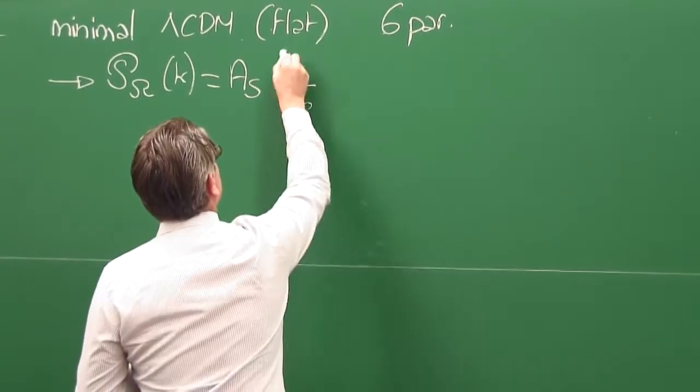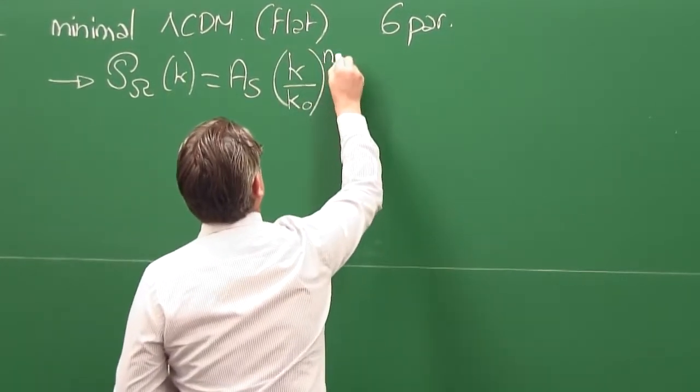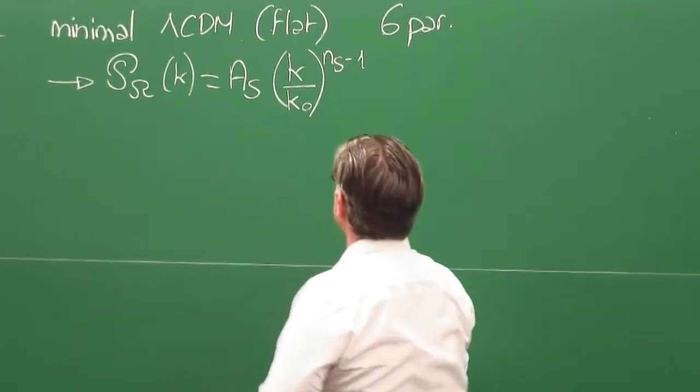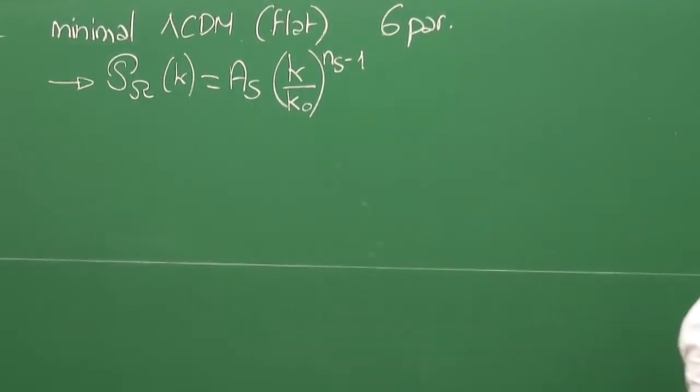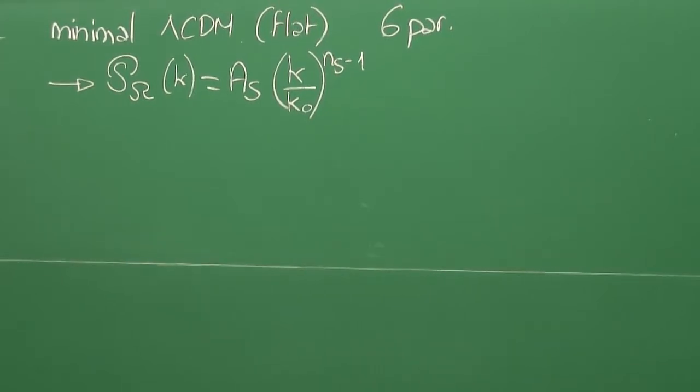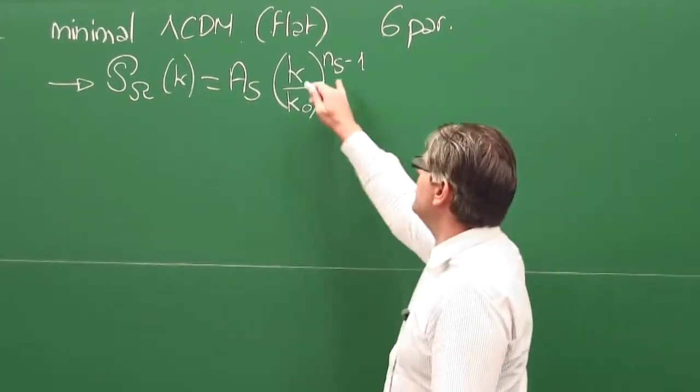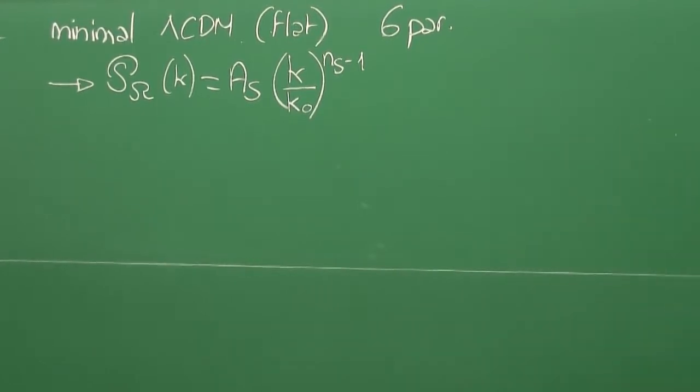K0 here is a pivot scale. It's an arbitrary scale at which you decide to define your amplitude. NS is the tilt. Some inflationary models predict NS a bit larger than 1. Most of them predict a tilt a bit smaller than 1. If it was exactly 1, we would have an exactly flat spectrum. This would be the Harrison-Zeldovich model.